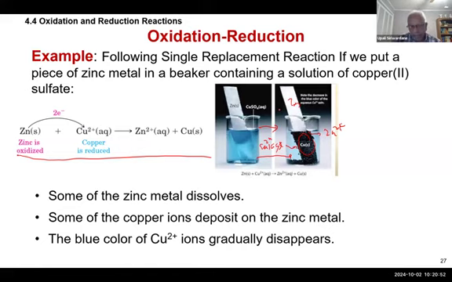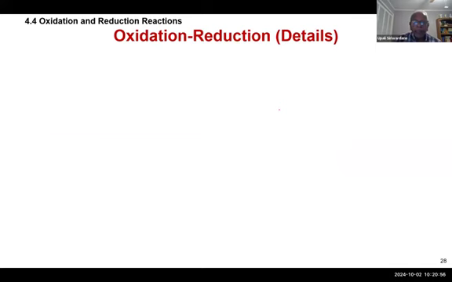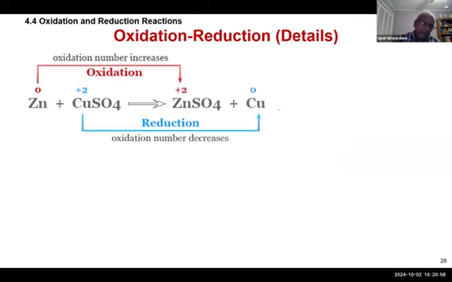You separate out two electrodes. This is the same reaction: copper sulfate reacts with zinc and directly produces copper metal and zinc sulfate.